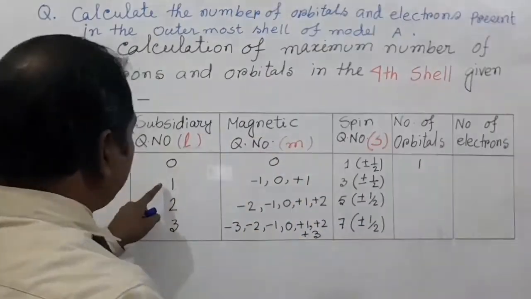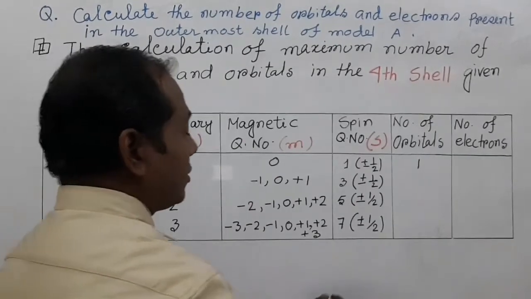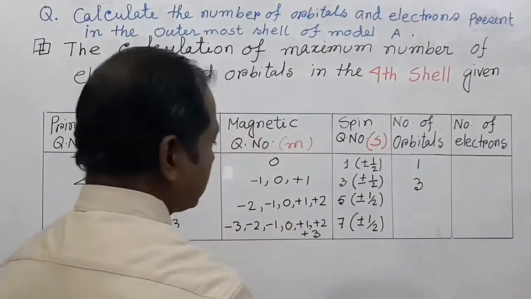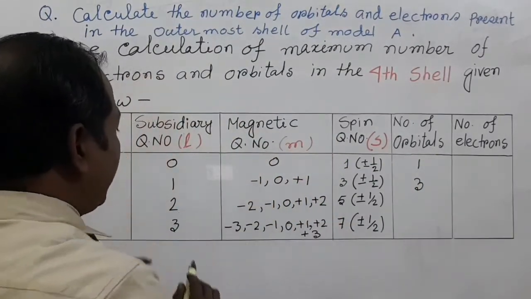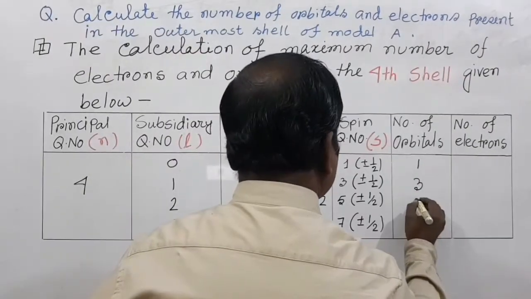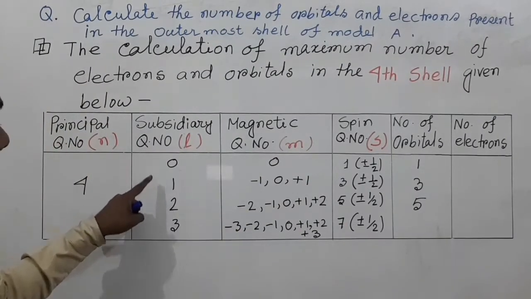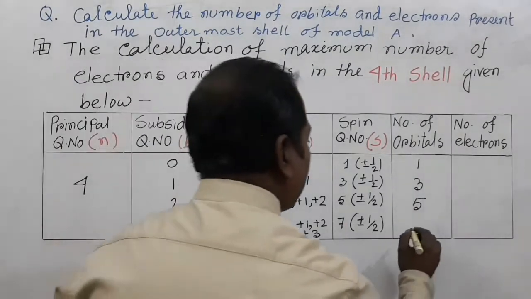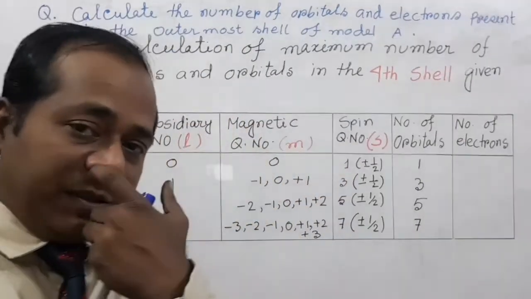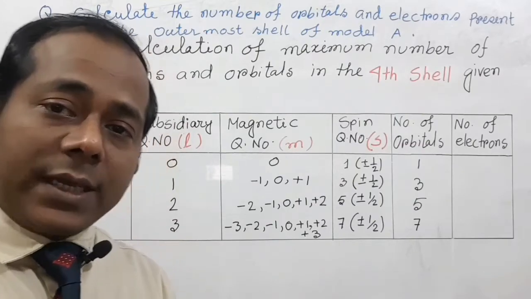According to our discussion, for L equal to 0, the number of orbitals equals 1. When L equals 1, the number of orbitals equals 3, for L equal to 2, the number of orbitals equals 5, and for L equal to 3, the number of orbitals is 7. We know that every orbital contains only 2 electrons.